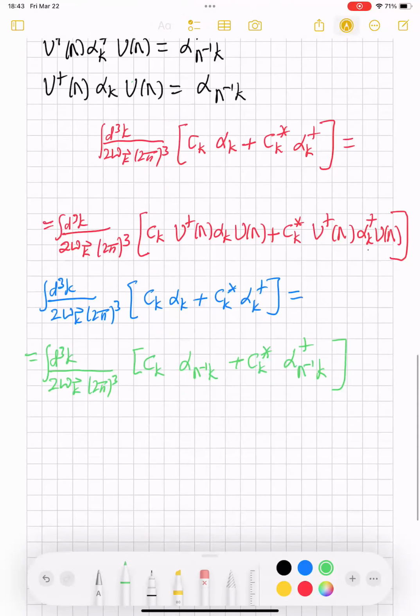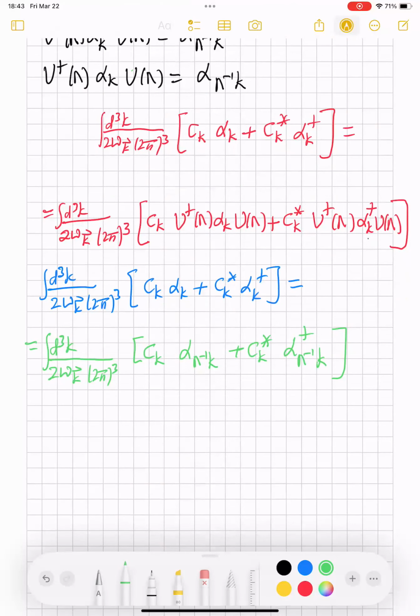Now, I'm going to make a change of variables on both sides of the equation. For the blue term, I'm going to say change from K mu to P mu. So remember, the K naught and the P naught components are not variables of integration, but I can change the spatial momentum K integration variable into a spatial momentum P integration variable.